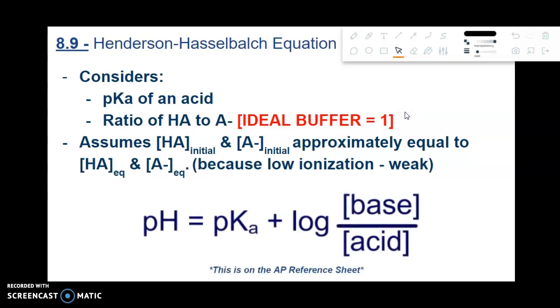So here's our equation. pH is equal to pKa plus the log of the base over the acid. Now here's a very important thing to recognize mathematically.